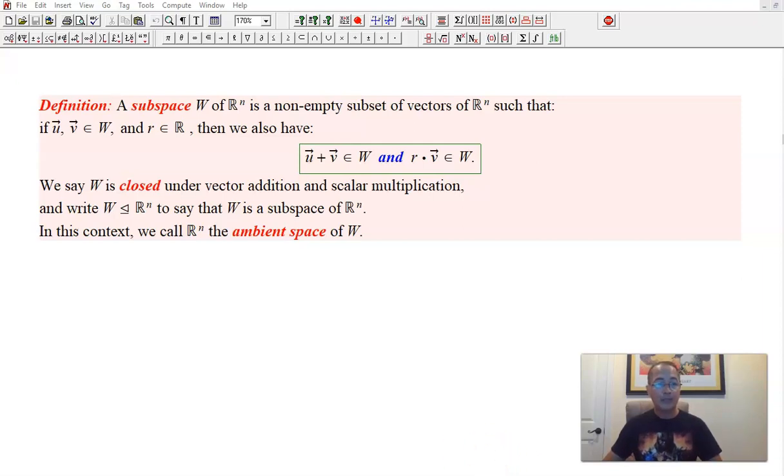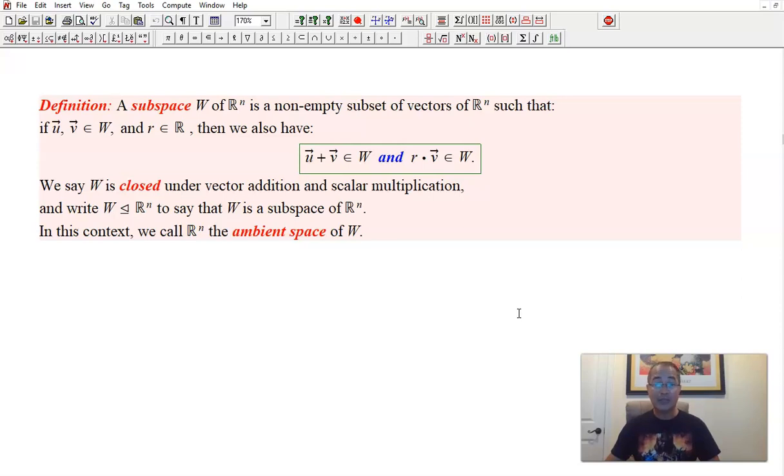And we use this symbol, which looks like a stylized less than or equal to symbol, to say that W is a subspace of Rn. And when we write down this symbol, we call Rn the ambient space of W, which is another word for the surrounding space.